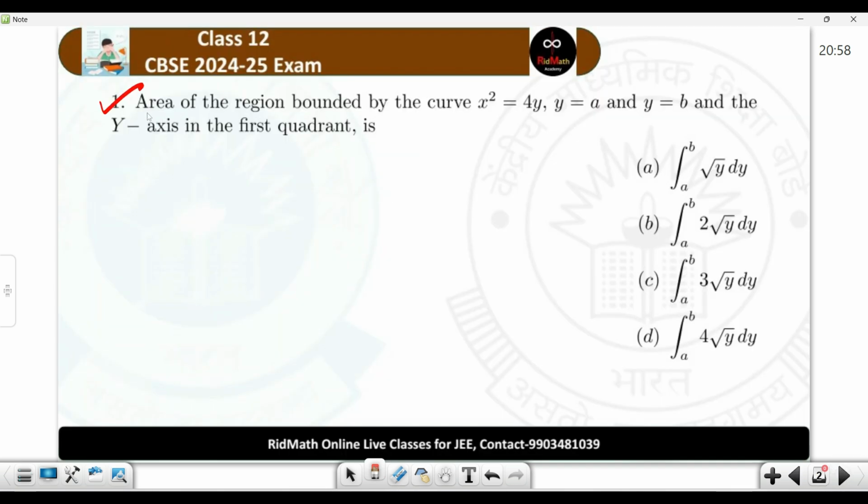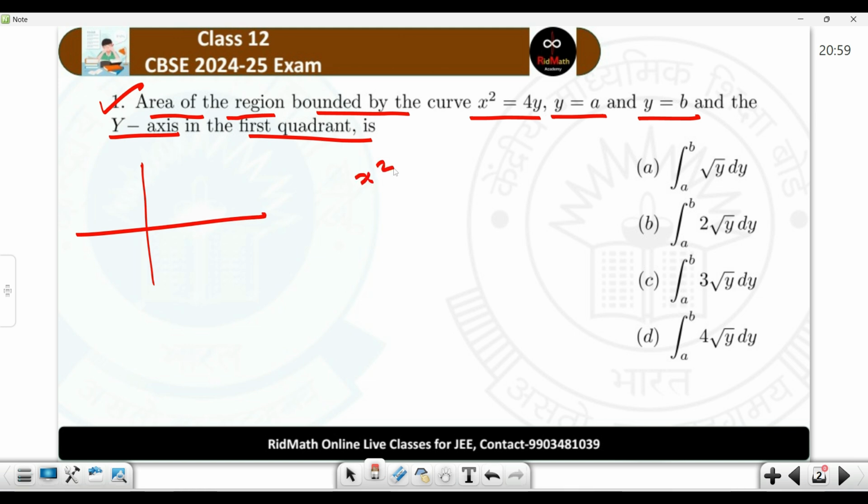Question number 1. Area of the region bounded by the curve x square equal to 4y, y equal to a and y equal to b, and the y axis in the first quadrant is. So x square equal to 4y. This is a parabola, and the axis of this parabola is the positive y axis.